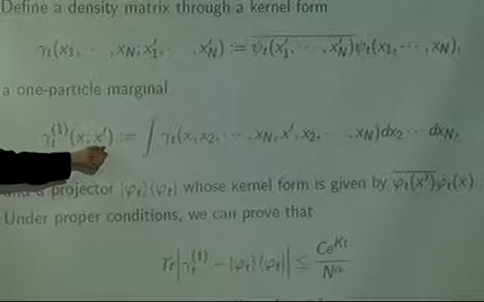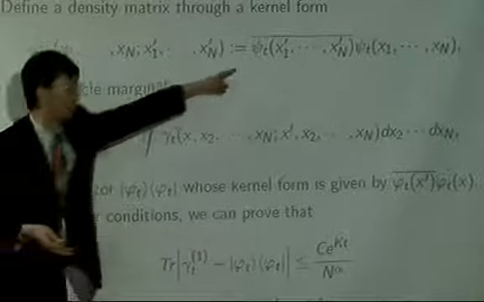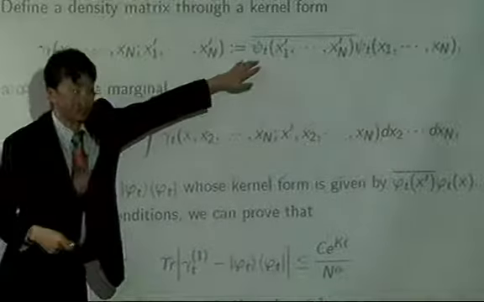To denote that it is a one-particle marginal, we put this one here. This describes the behavior of this wave function, and we can just focus on one particle only. So this is derived from this n-particle wave function.